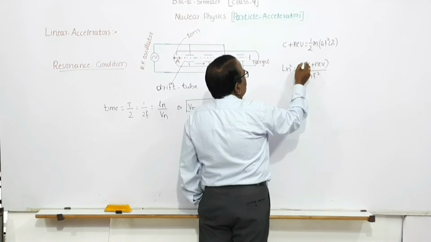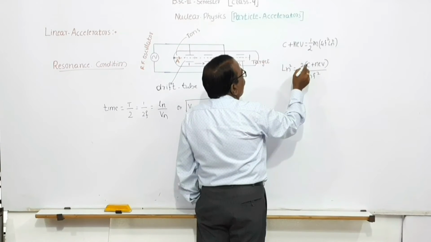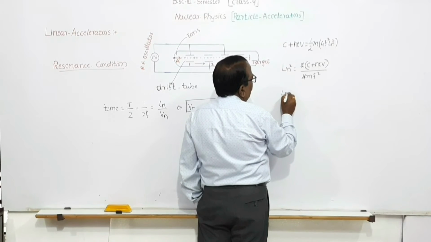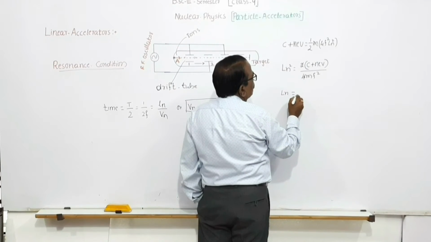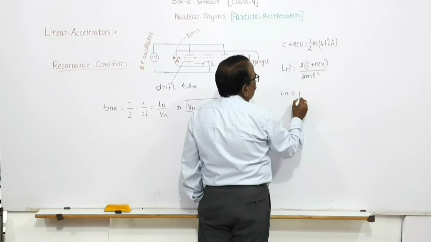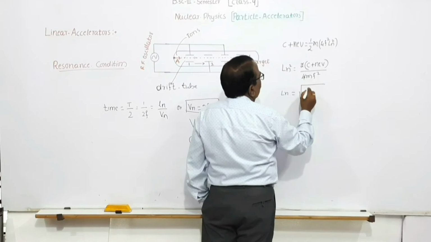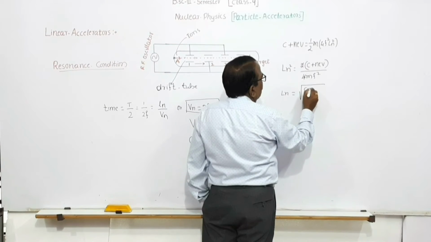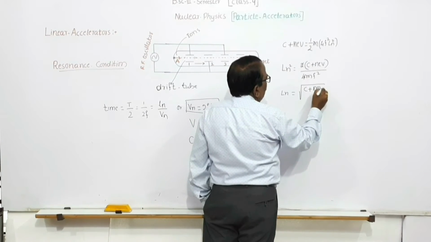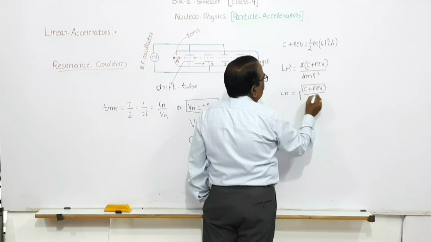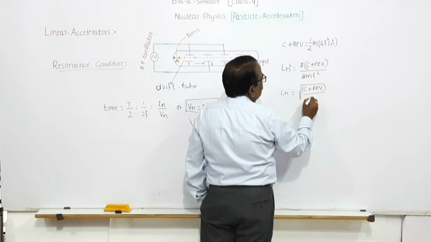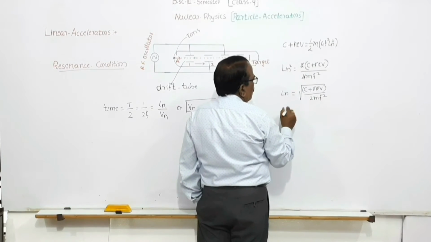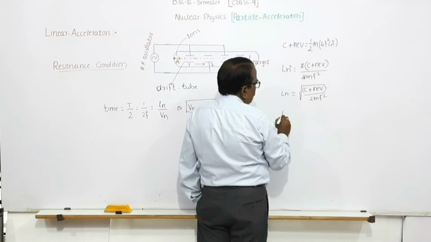Then cancelling 2 with 4, Ln is equal to square root of C plus NeV upon 2 m f square. Take that f square outside.